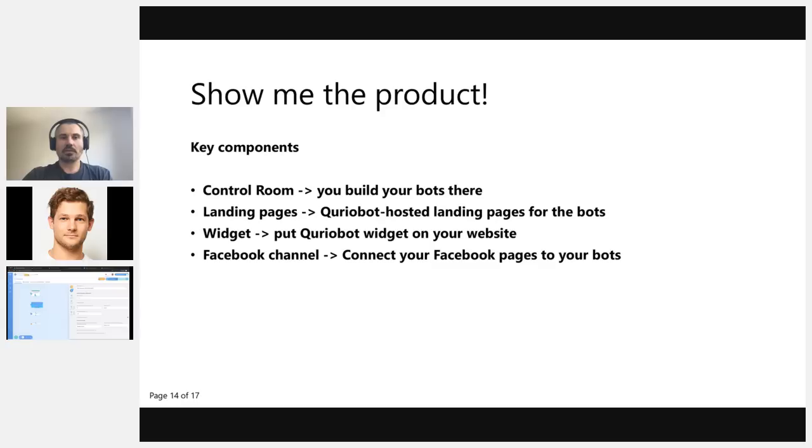Looks like that. Can be customized, of course. So the bot is there. You don't have to dedicate your own page for the bot. You can just quickly start with it. You can also, of course, have it on your own domain if you need to.